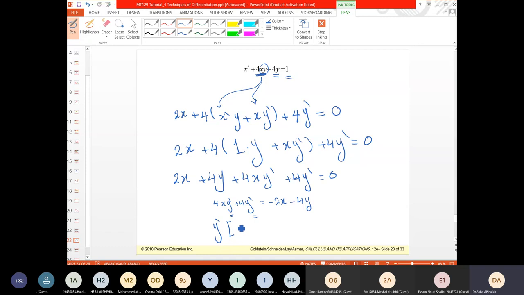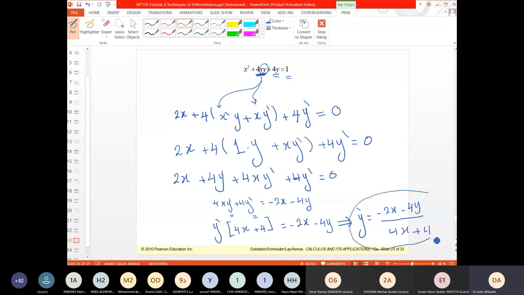Take it as a common factor. Excellent, Tala. This will be 4x, and here we remain with the 4, equal to minus 2x minus 4y. This implies y dash, which is what I'm looking for, is equal to minus 2x minus 4y divided by 4x plus 4, and this is the derivative I'm looking for.